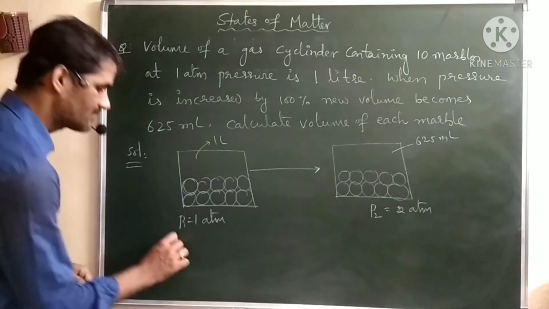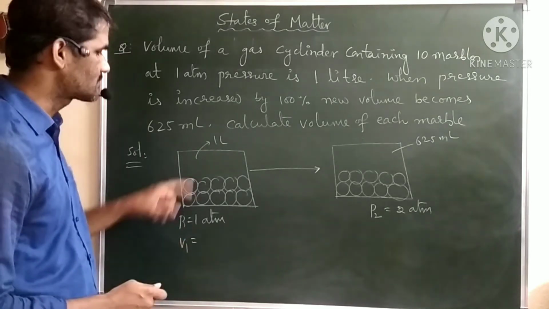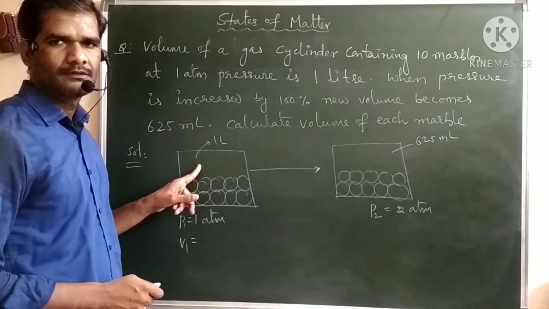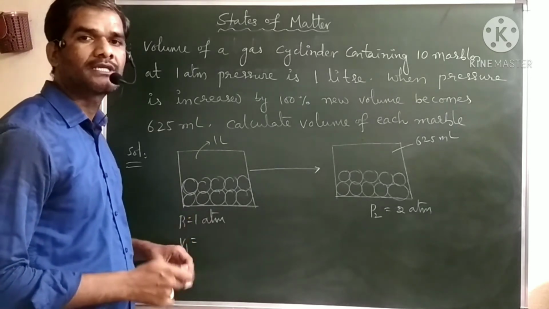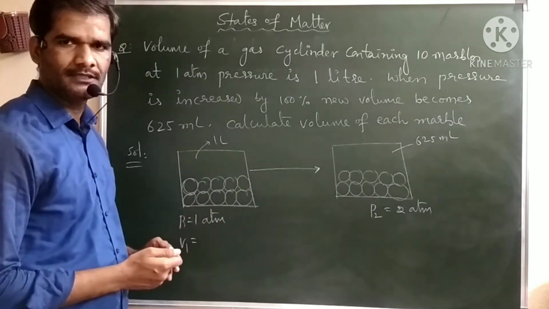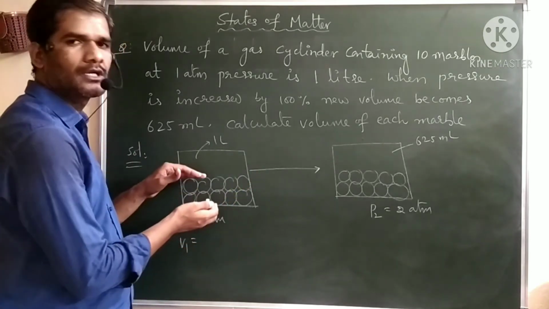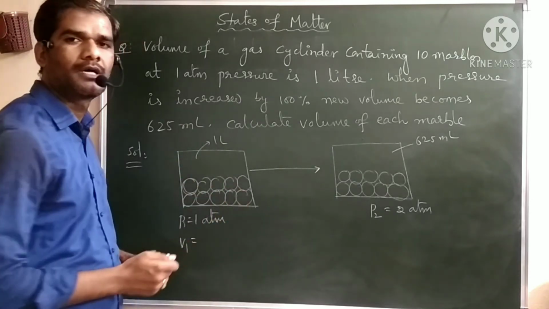Now what is V1 and V2? Here V1 is not 1 liter. V1 means the volume of gas occupied we have to consider here. The entire container volume is 1 liter, but the volume is not occupied entire 1 liter. Why? Because some of the space is occupied by the marbles.